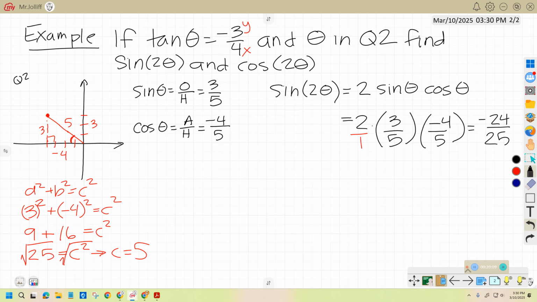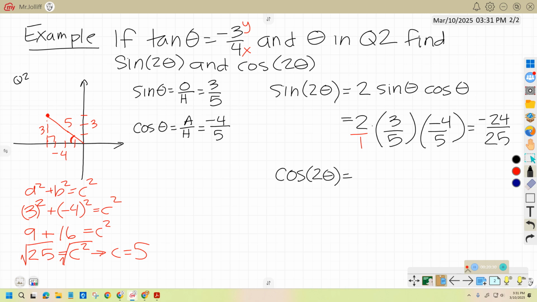All right, next one. They asked us to do sine of 2 theta. They also asked us to do cos of 2 theta. We can use any of the 3 double angle formulas for cos.